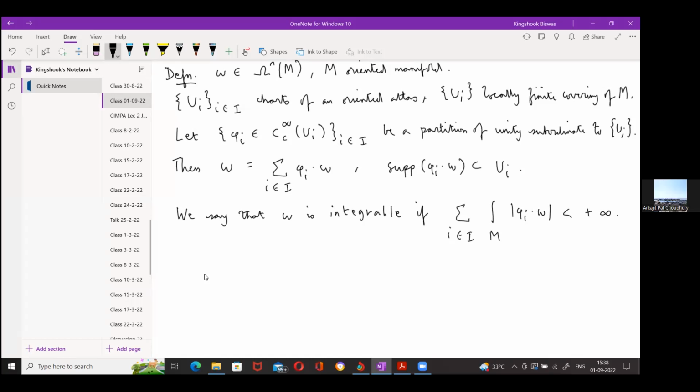And for an integrable omega, we define the integral of omega over M to be the sum over i of the integral over M of phi_i times omega. Is this all right?